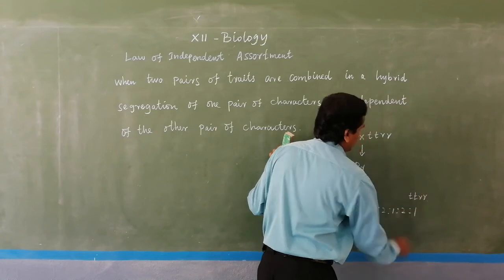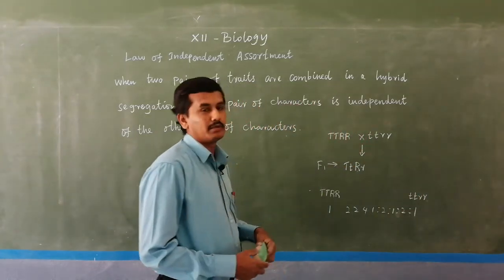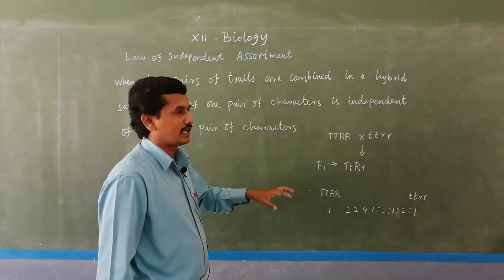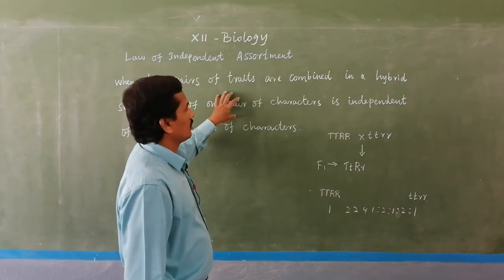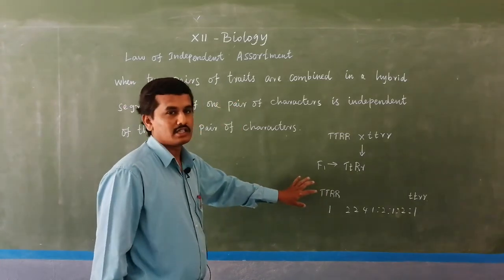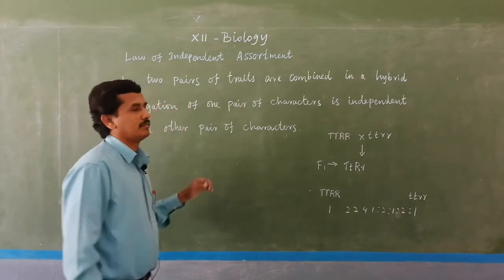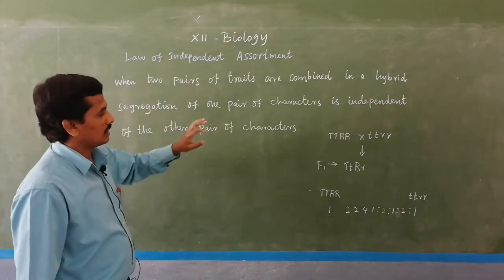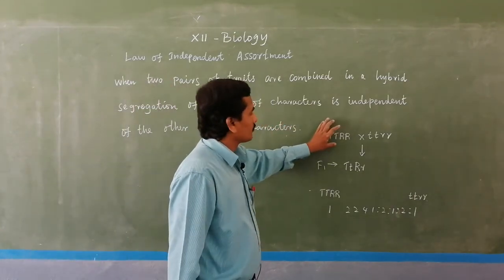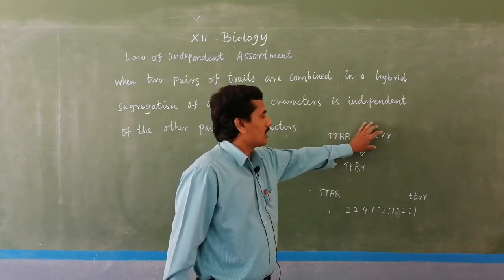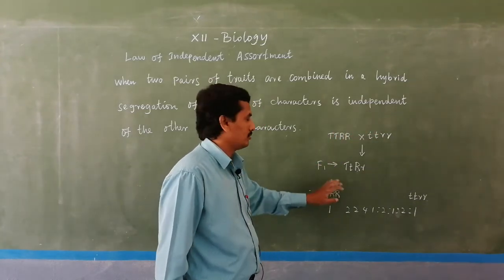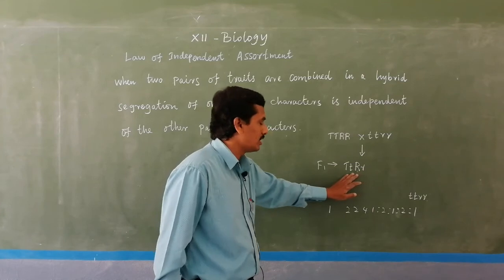This is a simple idea of the dihybrid cross. With the use of the dihybrid cross, I explained the law of independent assortment. So in the parents, a tall pea plant with round seeds combined with a dwarf pea plant with wrinkled seeds, means in the F1 generation it is a hybrid.